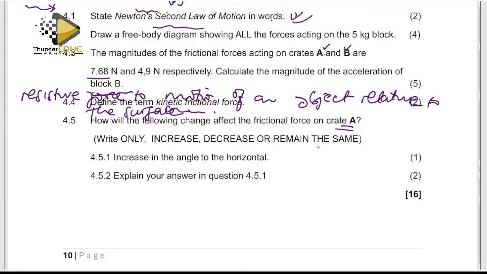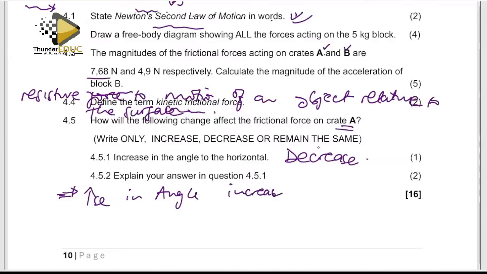So how will the following change affect the frictional force on crate A? If we increase the angle, the frictional force will definitely decrease. And how do we explain that? We just saw it somewhere up there, that increasing the angle will increase the vertical component.